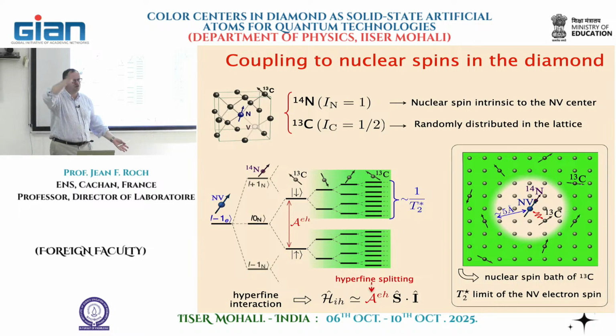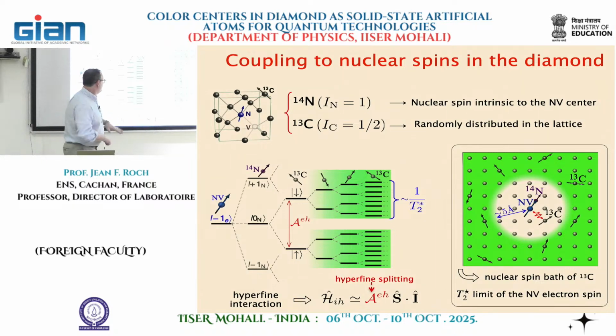And at the end, you can have a huge amount of those spins. And up to now, for instance, the record of identification of all these couplings to nuclear spins was, I think, done in Delft in the team of Tim Taminiau. They are able to label something like 20 to 30 nuclear spins, and to address them independently. Of course, at one point, you're limited by the T2 star.